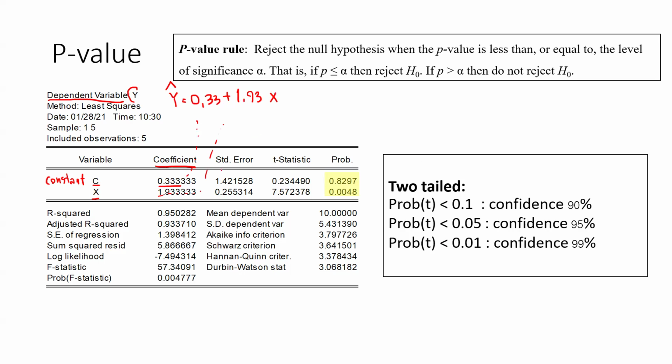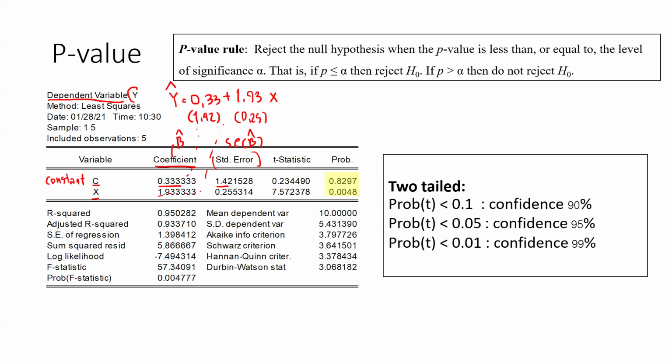Okay, and then this is standard error. When you have to write the equation, you have to put in the bracket under beta here, 0.25.